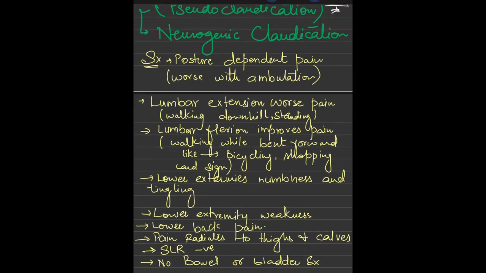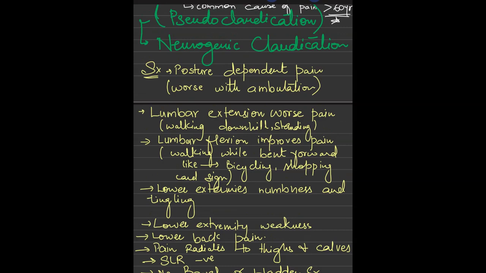So what symptoms will we see? Postural dependent pain, worse with ambulation. The patient will walk, and they will say my pain is worse. When the patient is not walking, if they are bending their lumbar spine, they feel improvement in their pain.